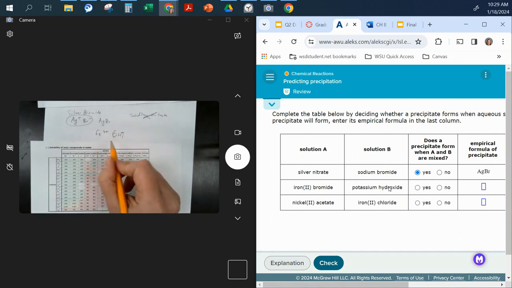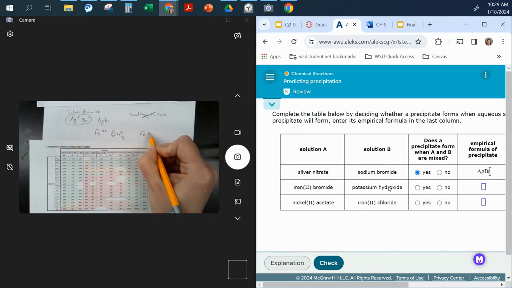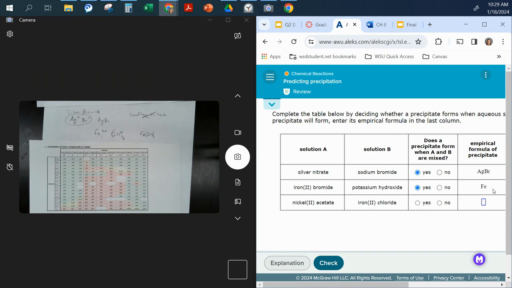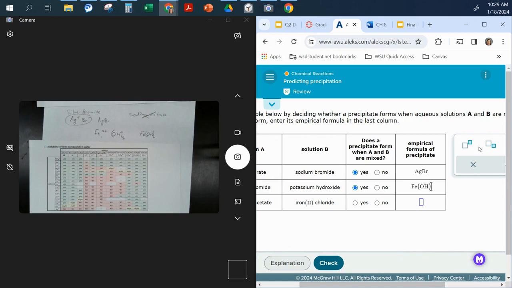Iron is 2+. So we need 2 hydroxides for 1 iron. So my formula will be Fe(OH)2. I need parentheses to show that I need 2 hydroxides and not 2 hydrogens. All right, yes, something precipitated. This will be Fe(OH) subscript 2. Okay, questions so far?